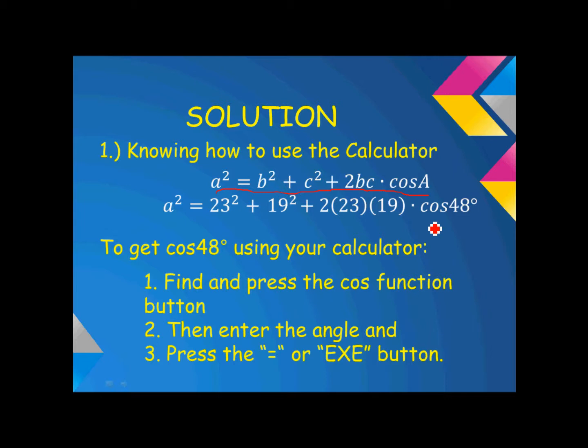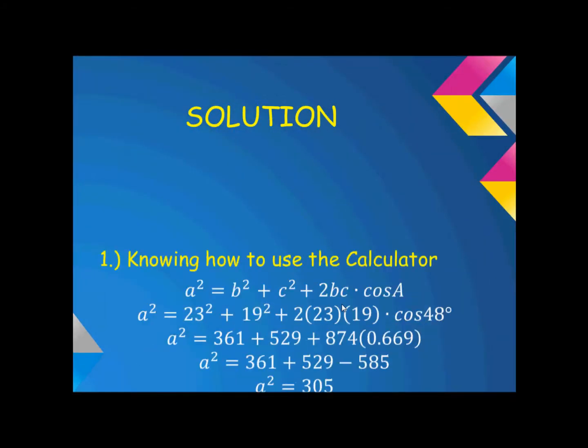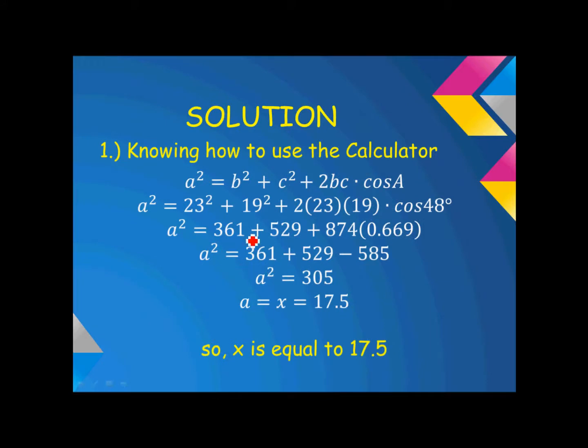To get cos 48 using your calculator, number 1, find and press the cos function button. Number 2, enter the angle. And number 3, press the equal button. Continuing, A squared is equal to 361 plus 529 minus 874 times 0.669, which we got from cos 48.